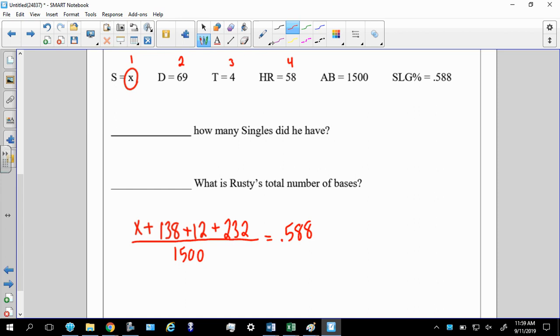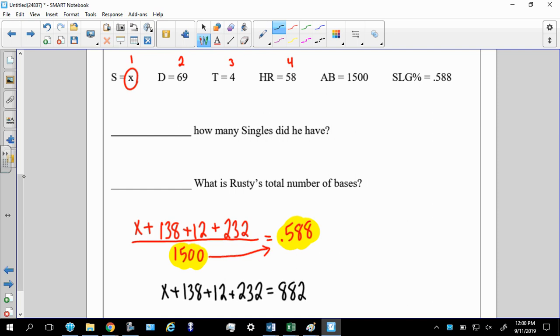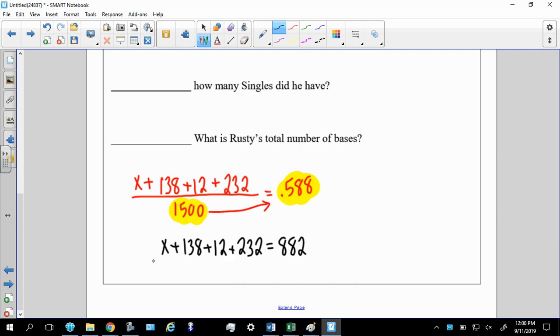Shoot. All right, so if you remember, this is nothing more than a big algebra problem. First thing you need to do is get rid of that denominator by timesing it by the slugging. So 1,500 times this guy right there. So your next step would be X plus 138 plus 12 plus 232 equals 882, and then from there it's nothing more than an algebra problem.